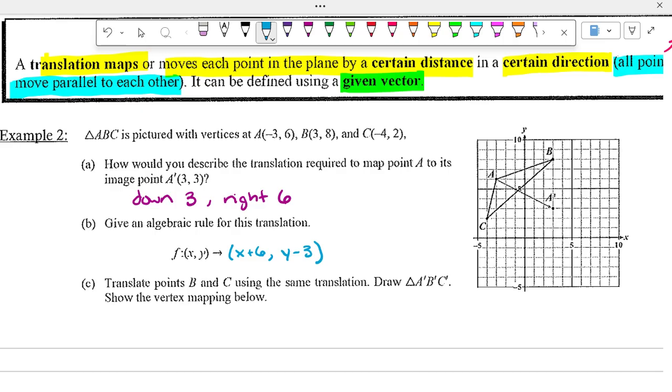Now, do you guys see the connection between the rule and what we did? What's consistent? The numbers are consistent. There's a reason. Think logically. When you think about down on a number line, are you thinking positive numbers or negative numbers?